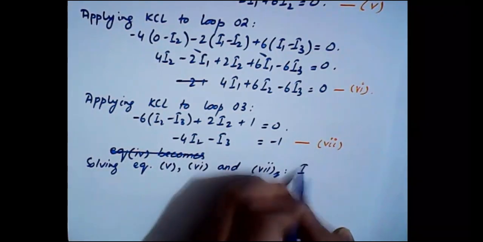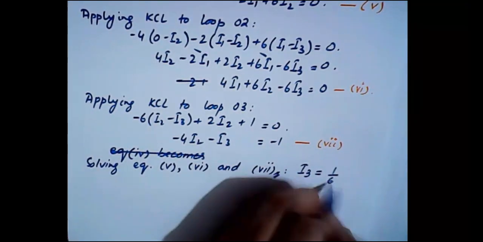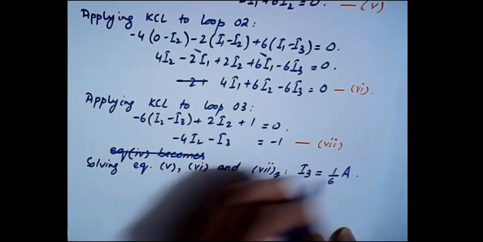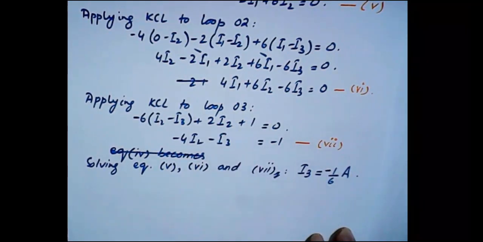The value of I3 is obtained to be 1/6 amperes. It's minus 1/6 amperes, right?